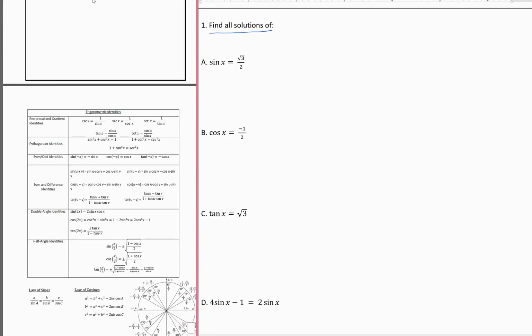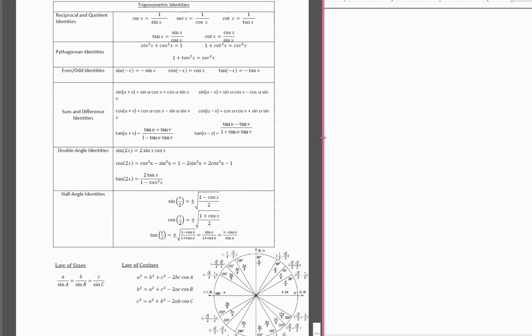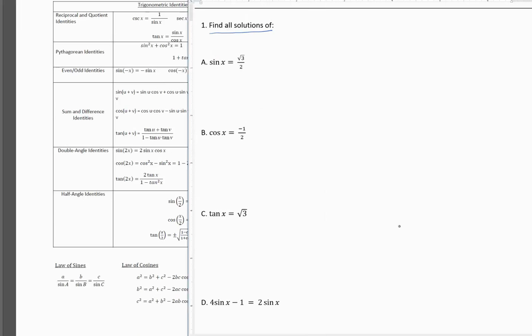Might be hard for me to get it big, but remember the sine value is the y value. So we're first going to look at the unit circle and say, where is the y value equal to square root of 3 over 2? And we see that that happens at 60 degrees or pi over 3 and at 2 pi over 3 or 120 degrees.